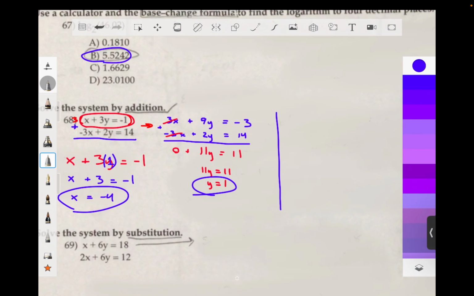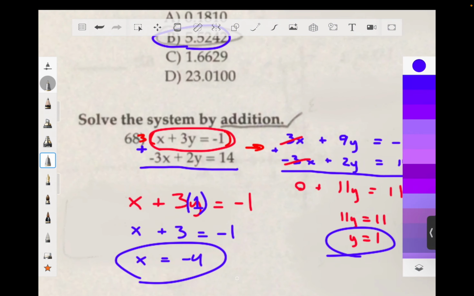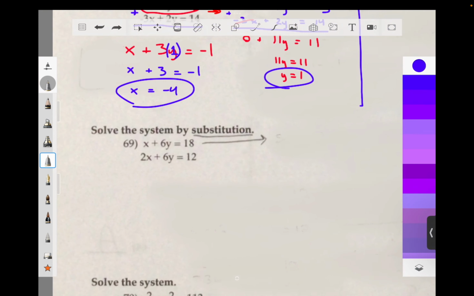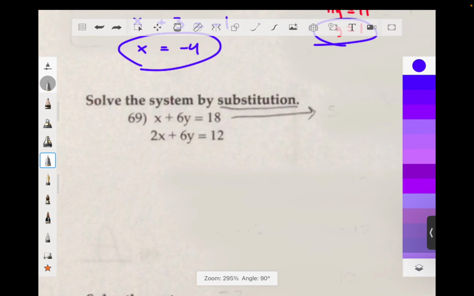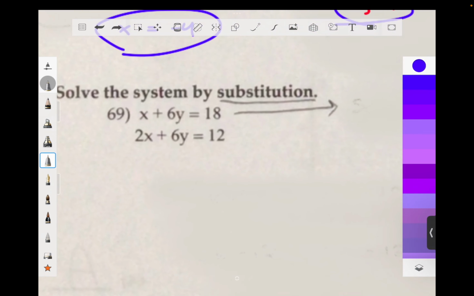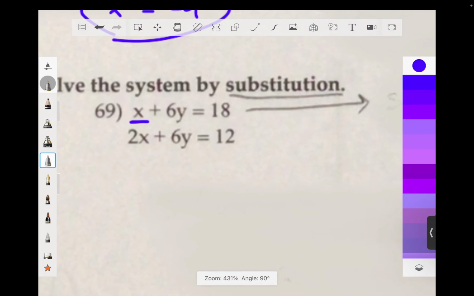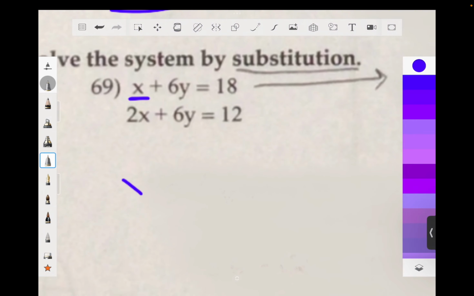You could also, if you want, change the bottom equation to cancel something on top, but I'm not going to do it. So for substitution, you solve for one of the variables on top or the bottom, and then you plug it into the other equation. So let's do this one again, and let's solve for x. So this first one is x plus 6y equals 18.